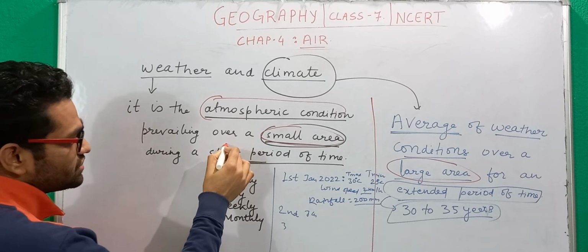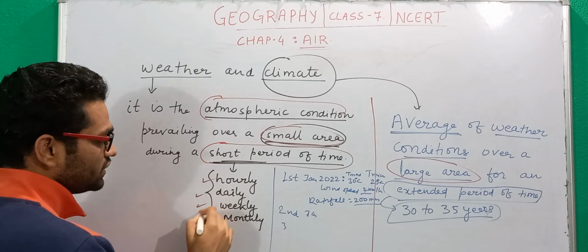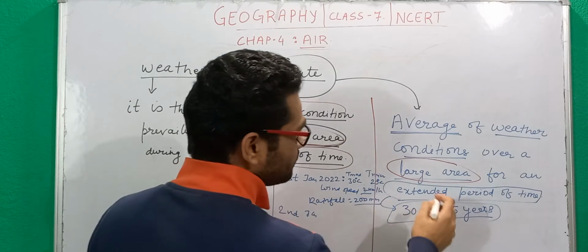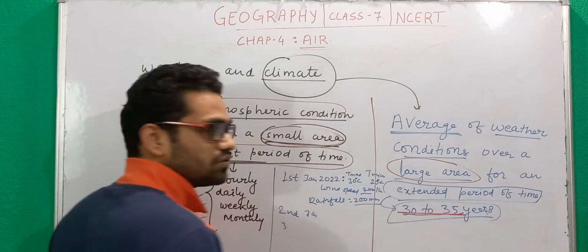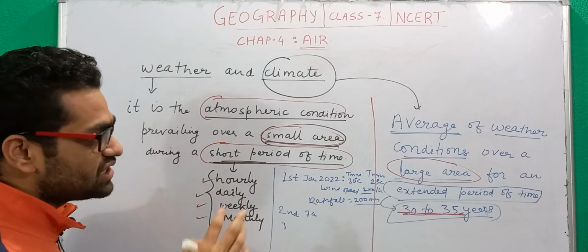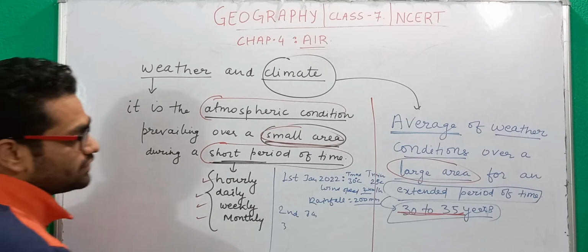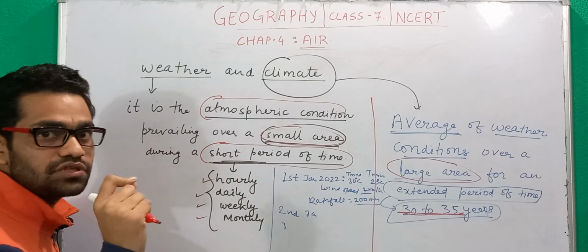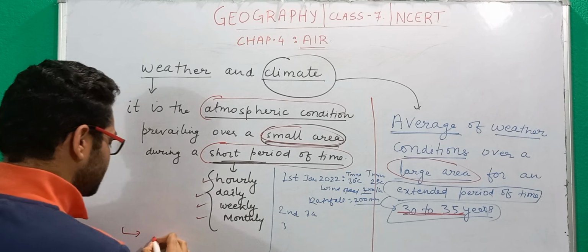Second, weather is for a shorter period of time, meaning hourly, daily, weekly, monthly. But when we talk about climate, it's for 30 to 35 years. Okay, when we say climate, we say the average of weather conditions over 30 to 35 years. And the most important difference is that the weather is subject to frequent change.